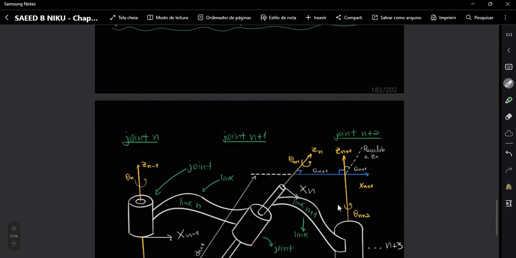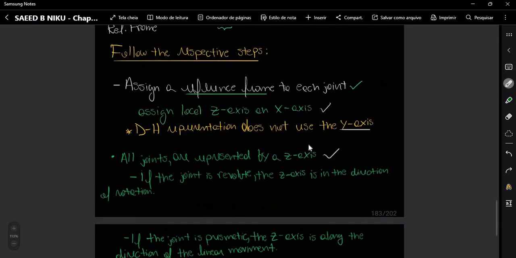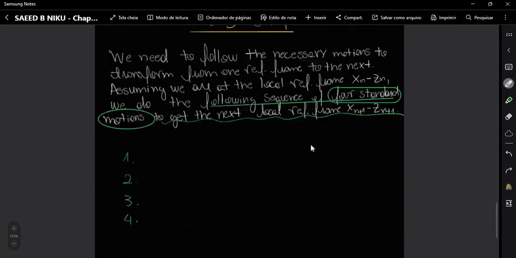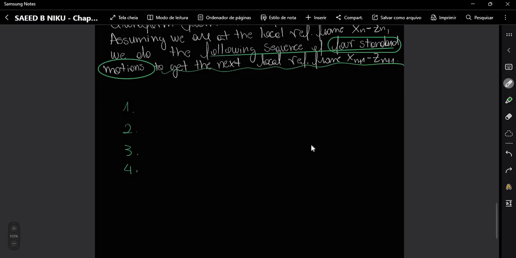So what we are describing is that we are on this local reference frame of this joint in the center, and we want to go to the next reference frame. In order to accomplish this, we need to do these four motions that I will write and we will discuss right now.